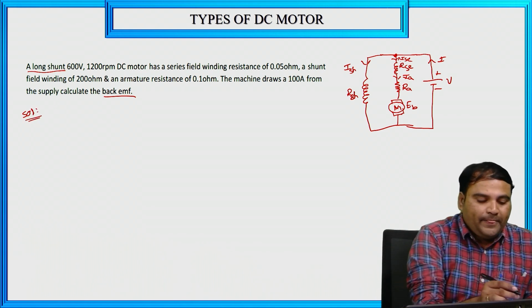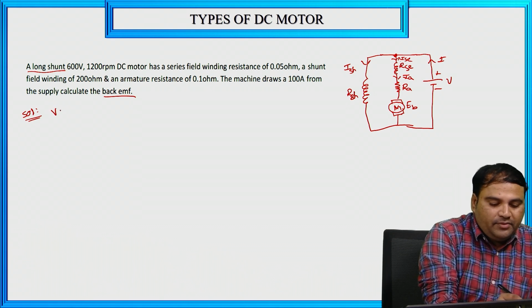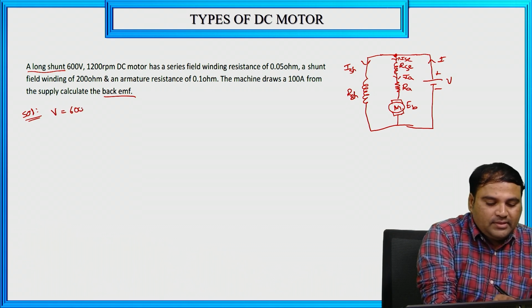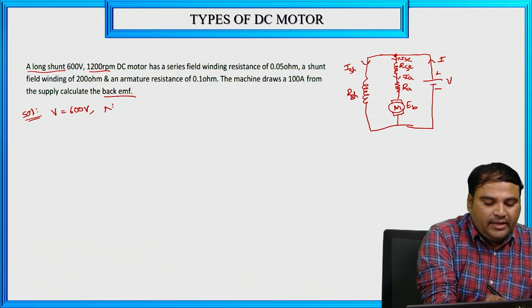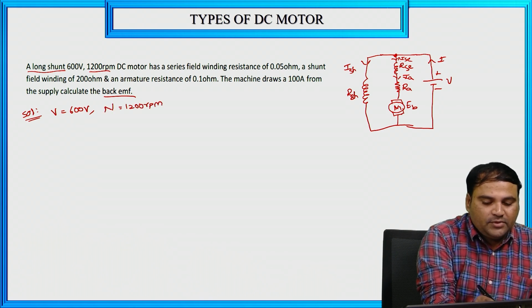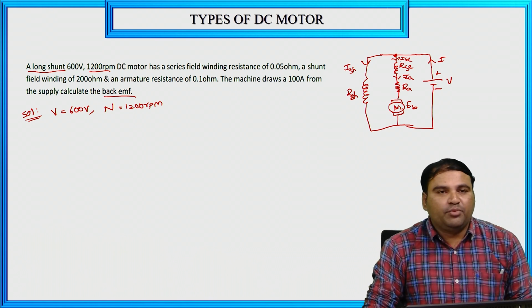Here the total supply voltage V equal to 600 volt, and speed N equal to 1200 RPM, of the long shunt compound wound DC motor.